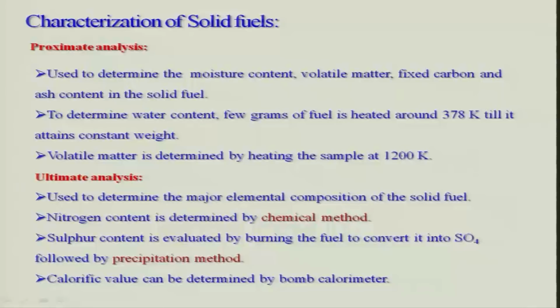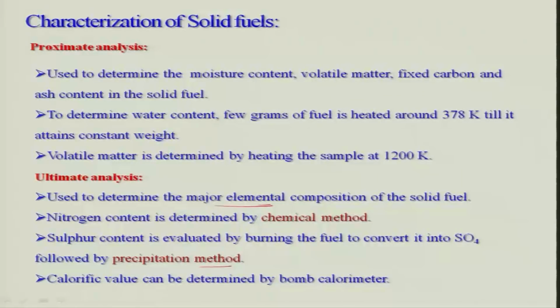Basically various methods are used, because you need to determine the major elements and what compositions the fuel has. For that you have to use chemical methods for getting the nitrogen content, and sulfur is evaluated by precipitation methods, and of course calorific value can be determined by the bomb calorimeter.